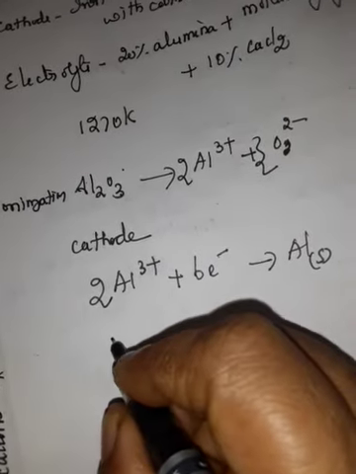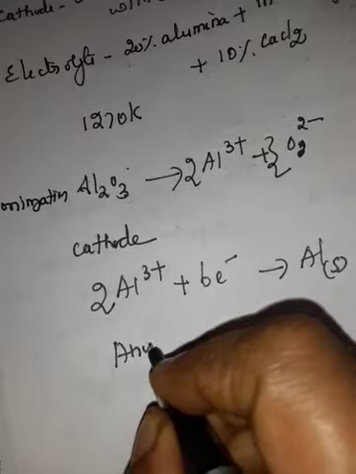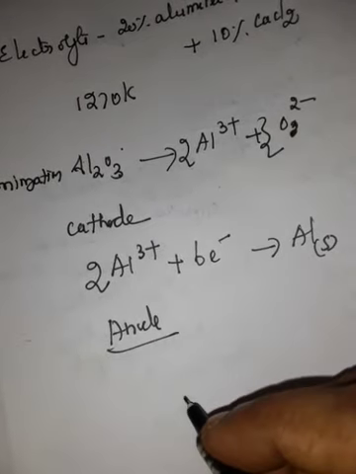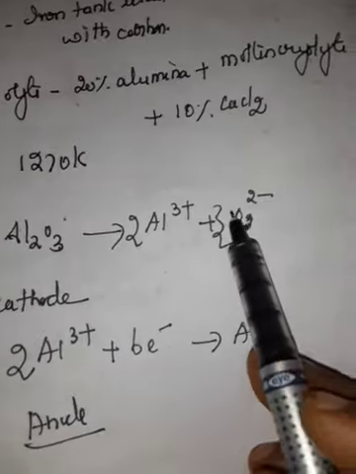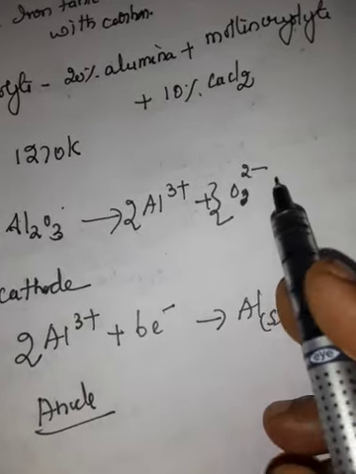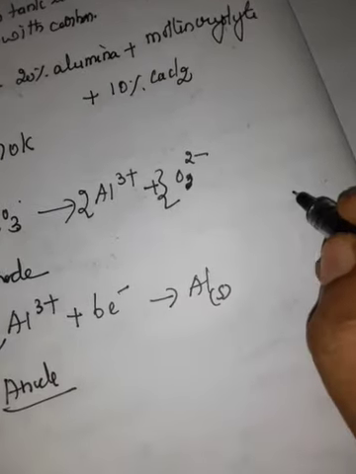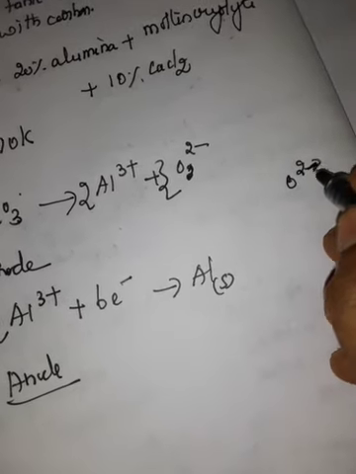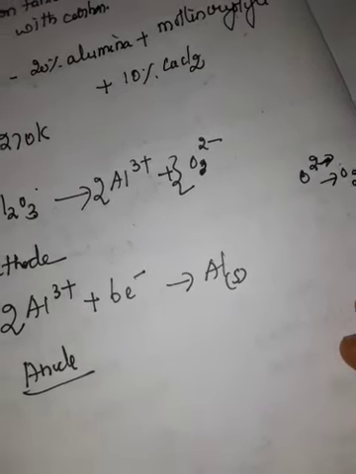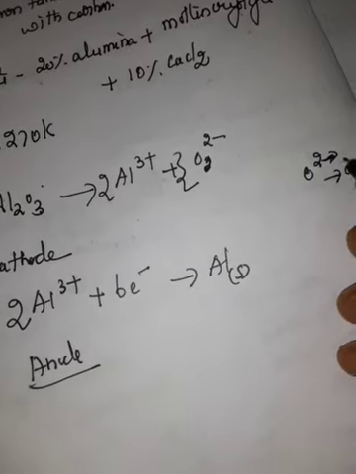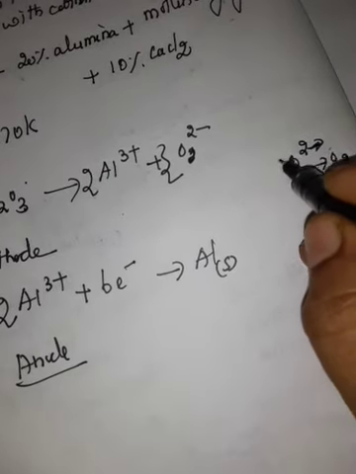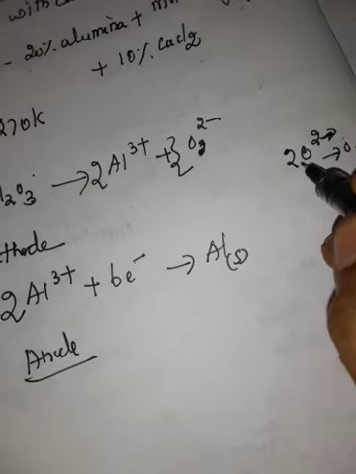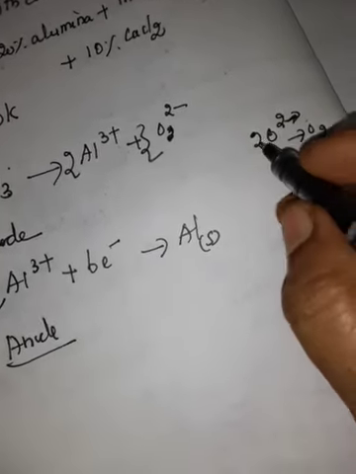Now at the anode, O2- means oxygen is evolved. For 2O2-, oxygen is evolved.